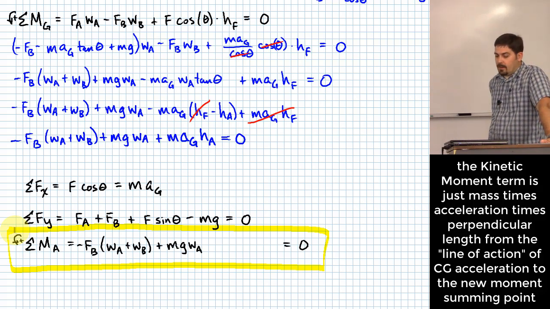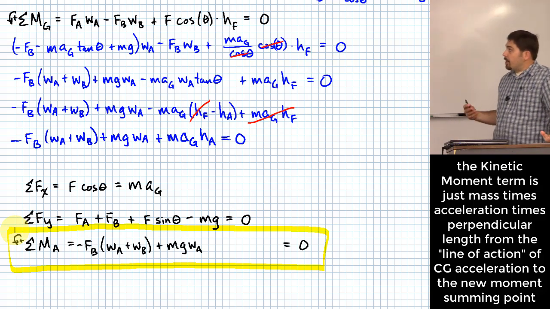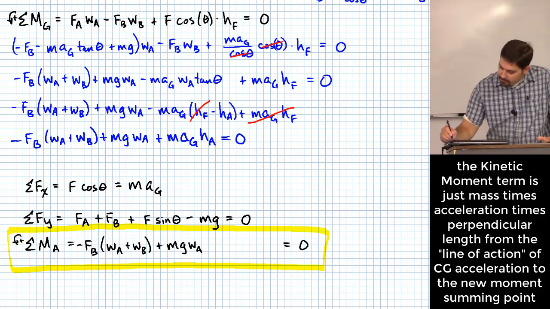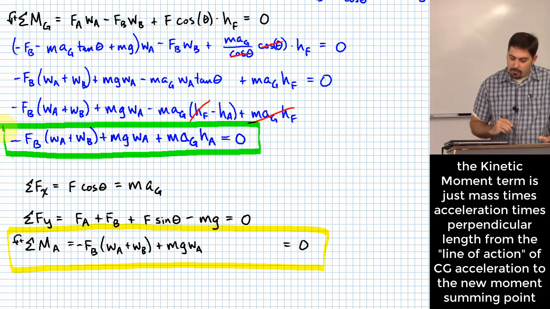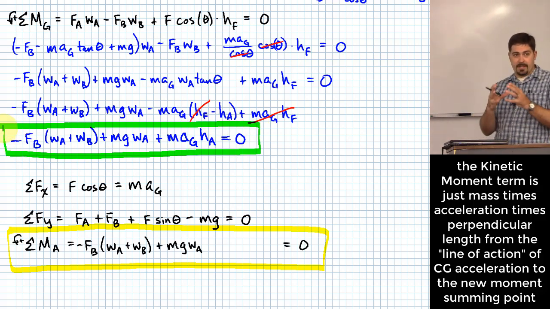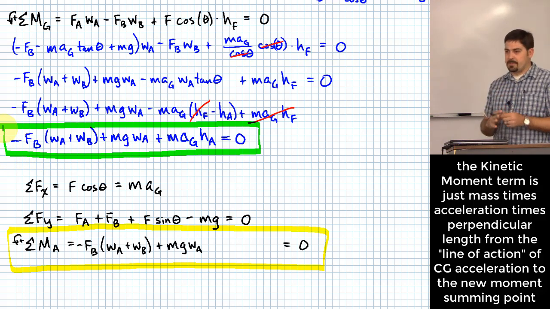Okay? And for the one that I'm sure of, I know that this one up here, the one in green, is right, because that's what we came up with originally, that you sum moments around the center of gravity.